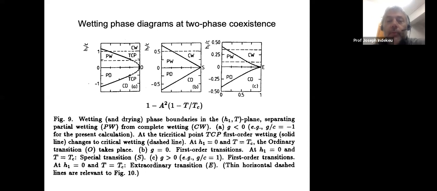So the Ising model with a surface, a two-dimensional surface, and then a semi-infinite lattice with surface field, surface couplings, and bulk couplings, and many more systems, even systems with long-range forces, which we did not discuss here explicitly, but fluids with van der Waals forces, which are also a very important class of systems, will also to some extent show this type of phase diagrams when we study wetting.